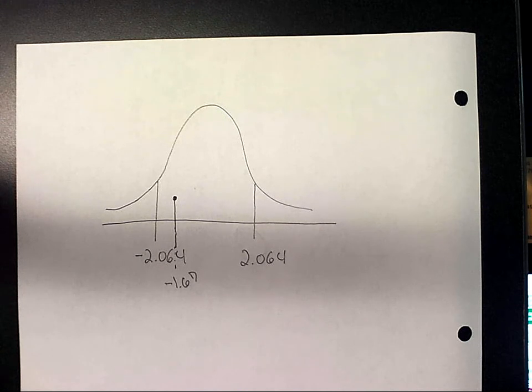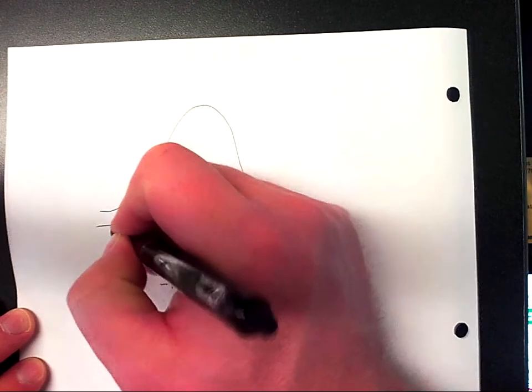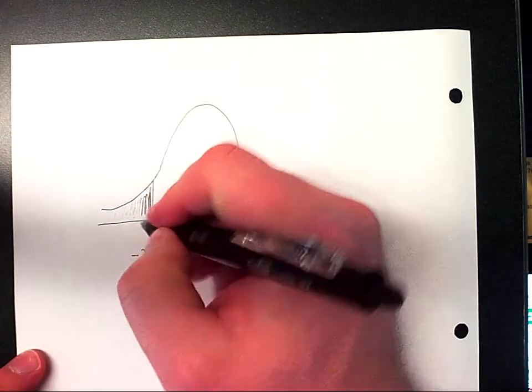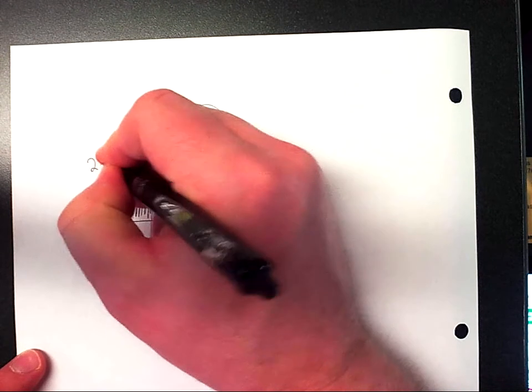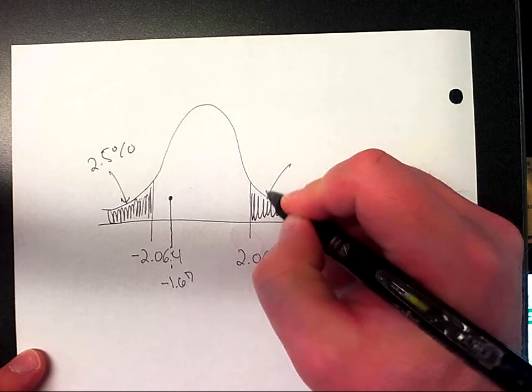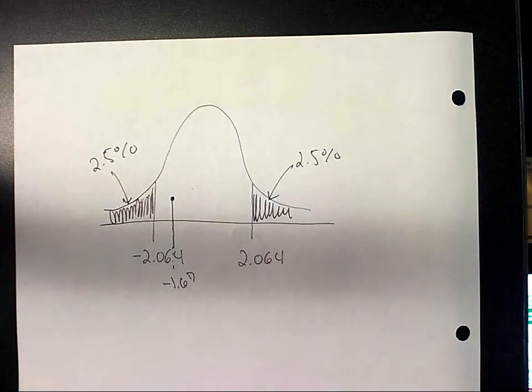One of the things we did to identify this 2.064 was we said that from here on down we had 2.5% of our data, and from here up we also had 2.5% of our data. That's how we initially got those 2.064.